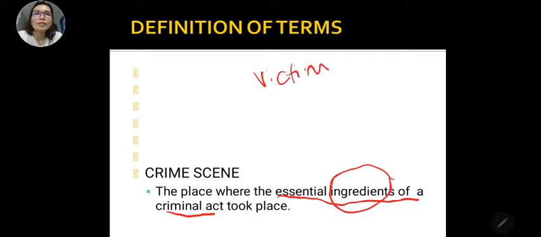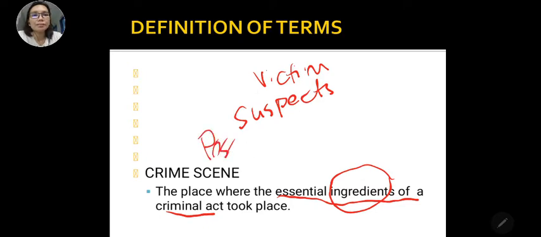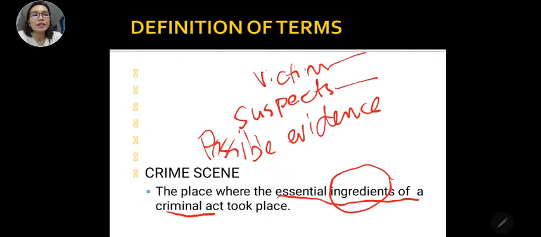Pwede rin naman sometimes, in some cases, makikita rin dyan yung mga suspects or yung perpetrators na tinatawag. Meron din dyan yung mga possible evidence na pwedeng mag-link sa suspect, sa victim, dun sa crime scene na nangyari or sa crime.